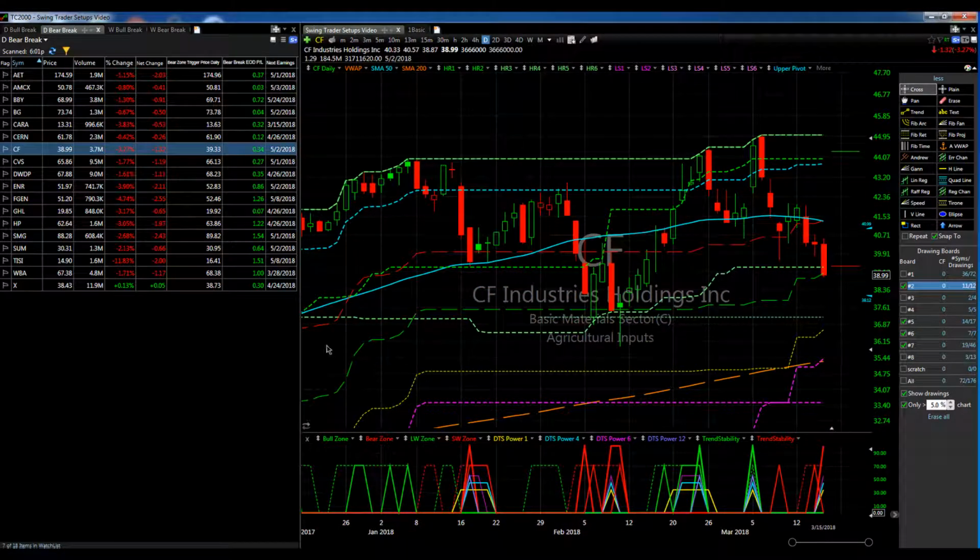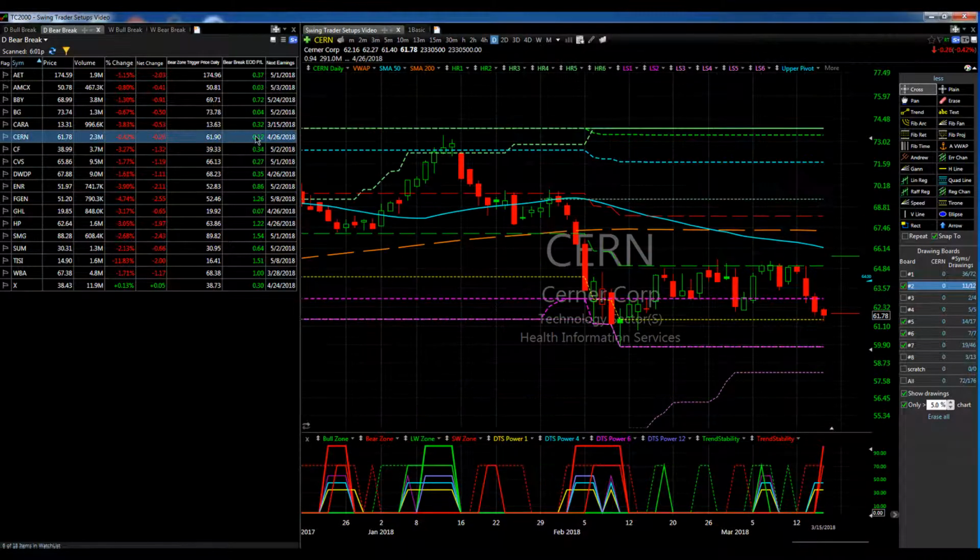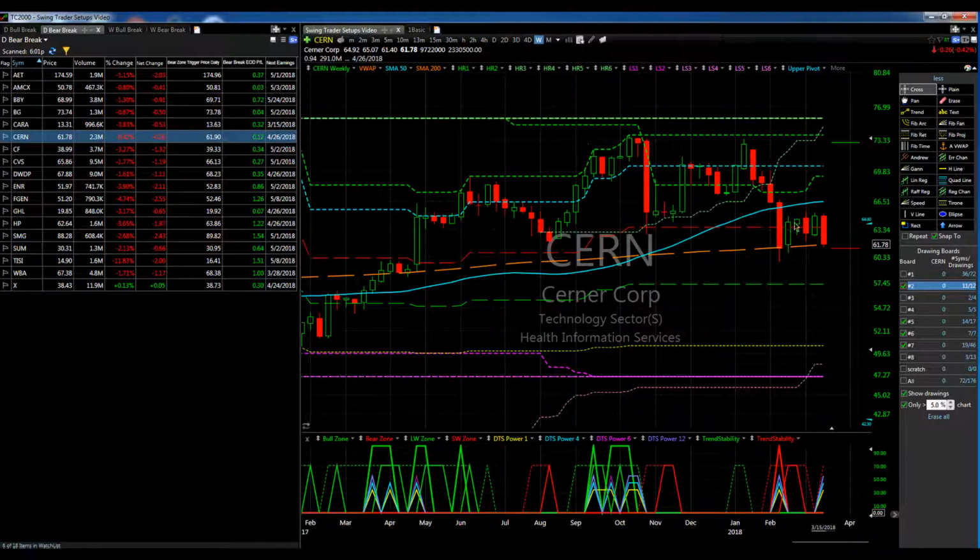Go back to CERN. First day on this in a long time. Is that support though, and you got another support level down here, but it's building momentum to the downside. It's been in a multi-week consolidation. Here's your weekly for a month. You've been there about 8 weeks now, 7 weeks.